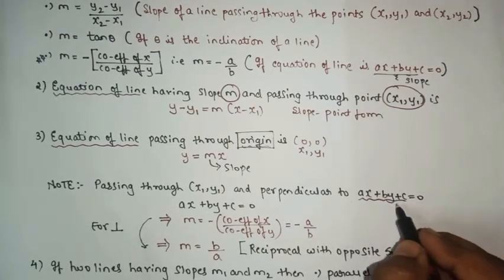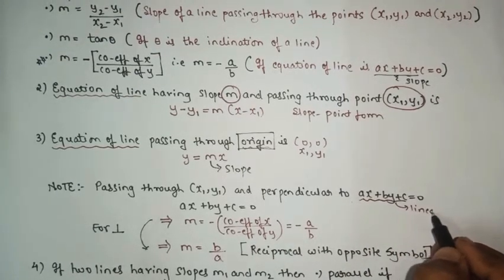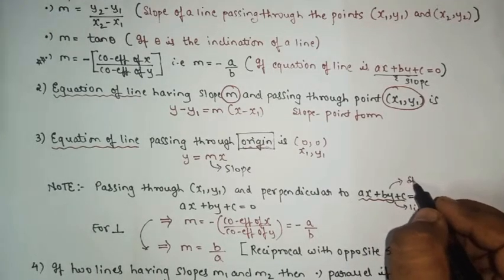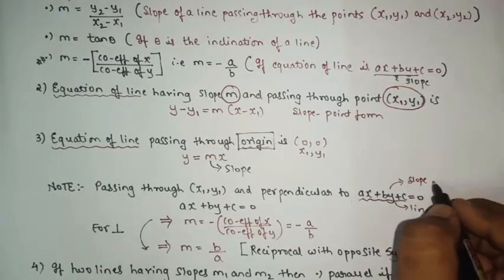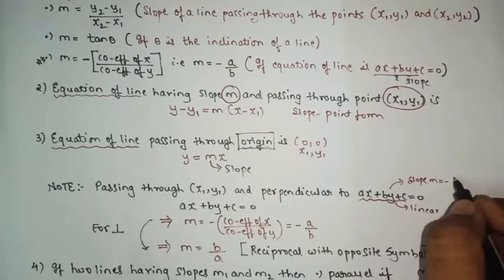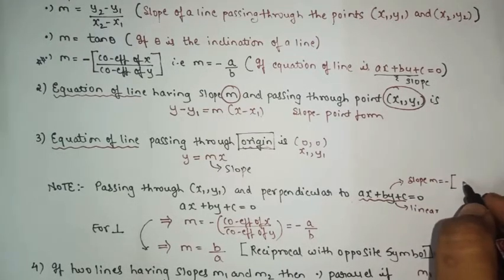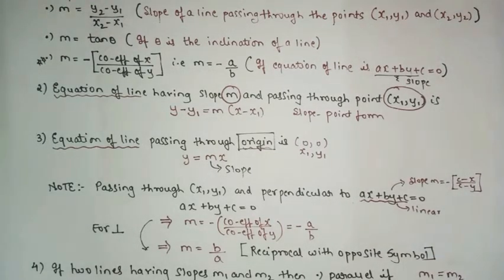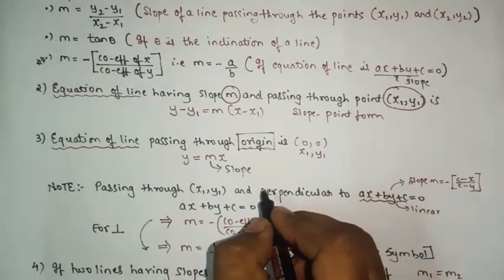It is a linear equation. As we know, when it is a linear equation, we can easily find the slope by using the formula: minus coefficient of x upon coefficient of y. Yes or no?